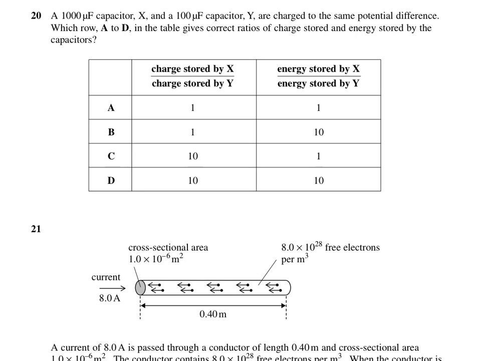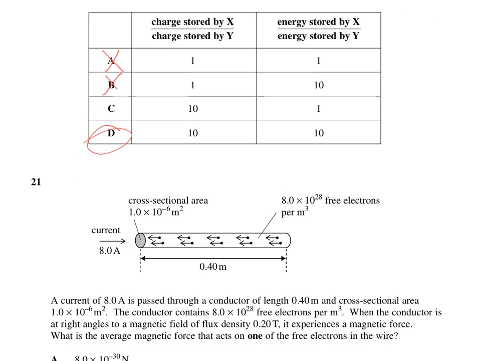So X would be able to store 10 times as much as Y. So you'd end up with 10 on the top in the ratio. So that's going to be wrong. And if V is the same, energy stored is going to be half CV squared. So if you have 10 times the capacitance, again you'll have 10 times the energy, so that gives you this one down here.